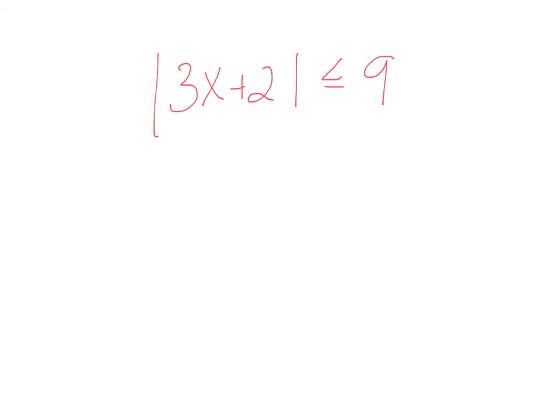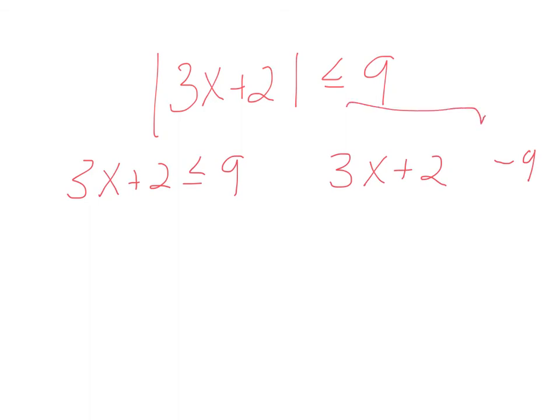Now, just like before when I was solving the absolute value problems, I'm going to make two equations. So I'm going to say 3x plus 2 is less than or equal to 9. But my second equation, 3x plus 2, remember, since it's an absolute value, I need to change the sign to negative 9. But since I made it negative, I need to reverse this inequality.